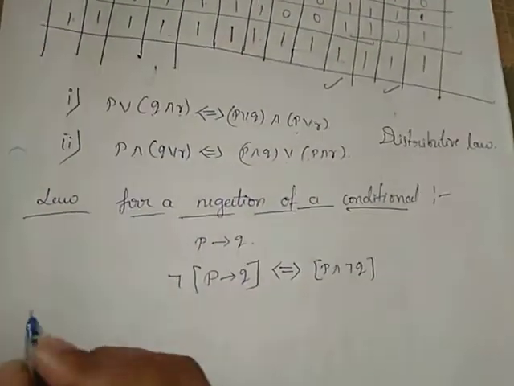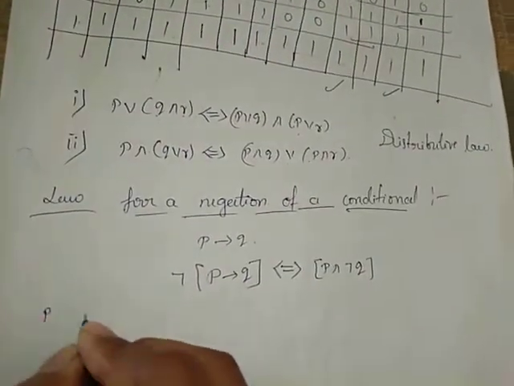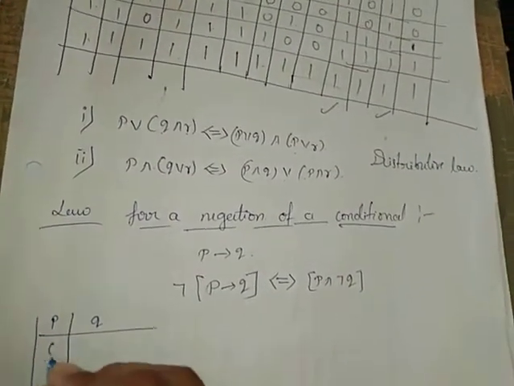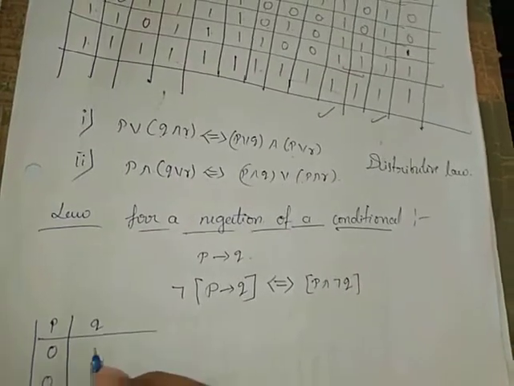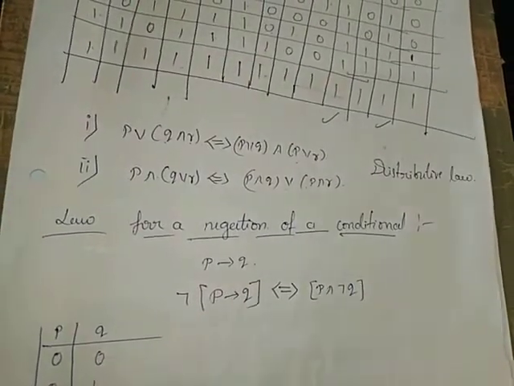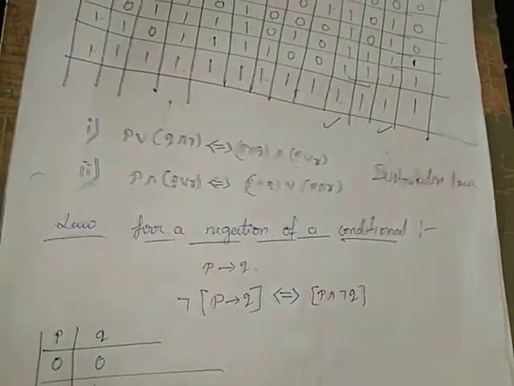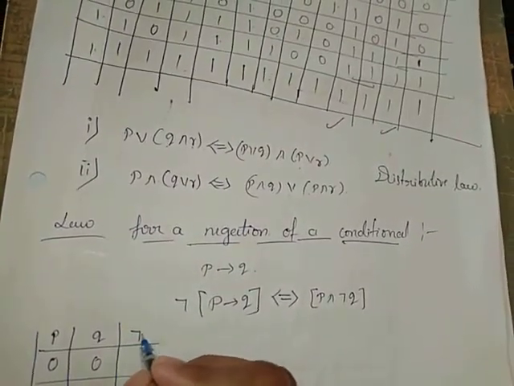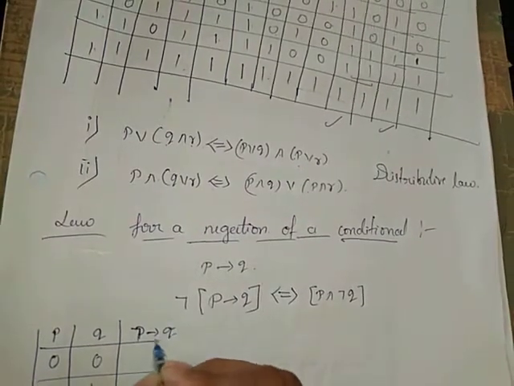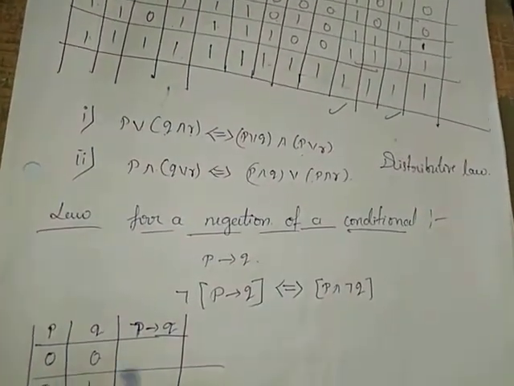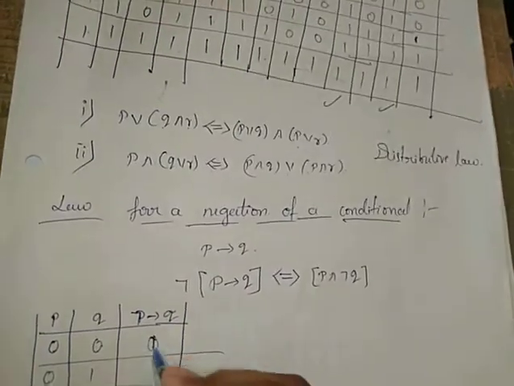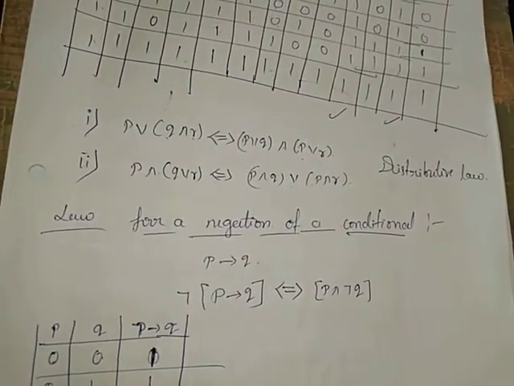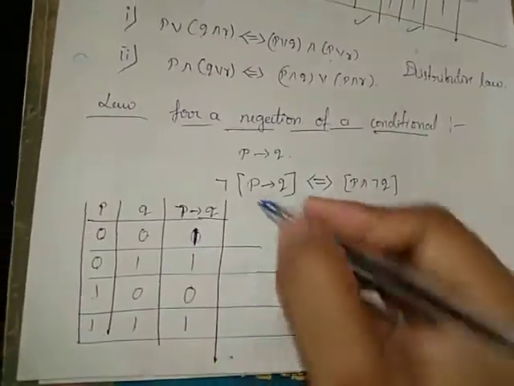This will be proved by the table. P, Q: 0, 0, 1, 1, 0, 1, 0, 1. So first, P implies Q: 0 implies 0 is 1, 0 implies 1 is 1, 1 implies 0 is 0, 1 implies 1 is 1.